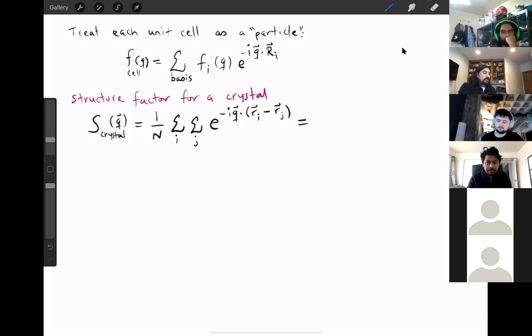All right, so I can talk about unit cell I or J as separate things, or I could rewrite them and just graph. So I have the same thing here, same thing here.